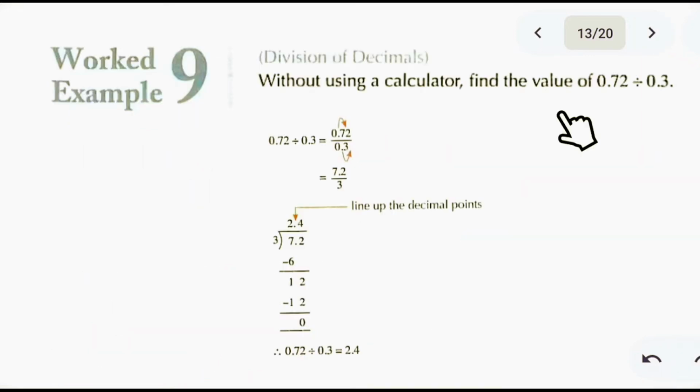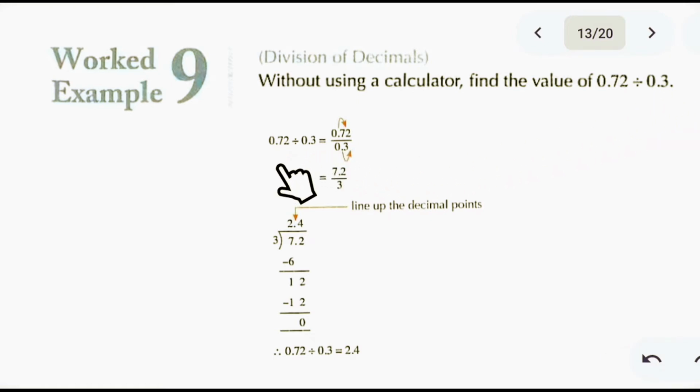In worked example 9, we are going to learn the concept of division involving decimal numbers. We are going to divide 0.72 by 0.3.